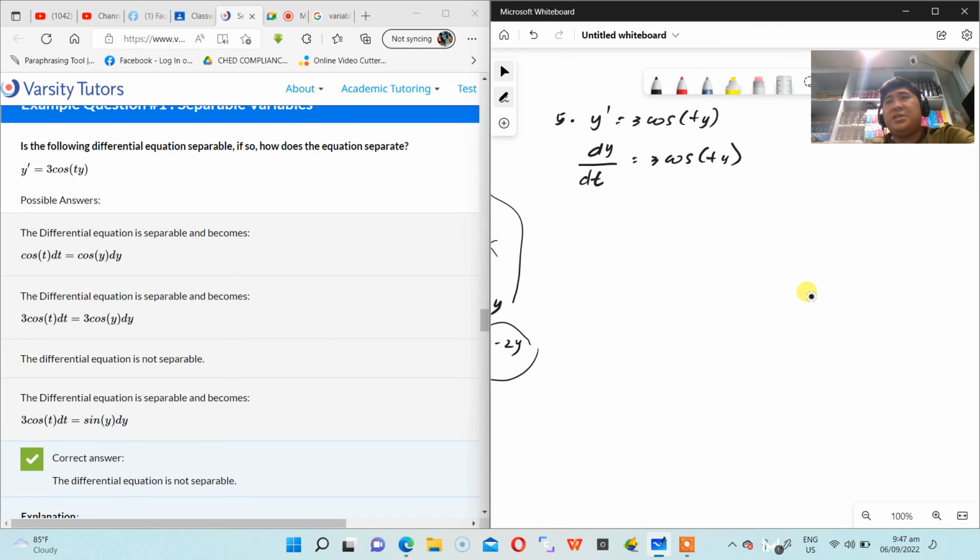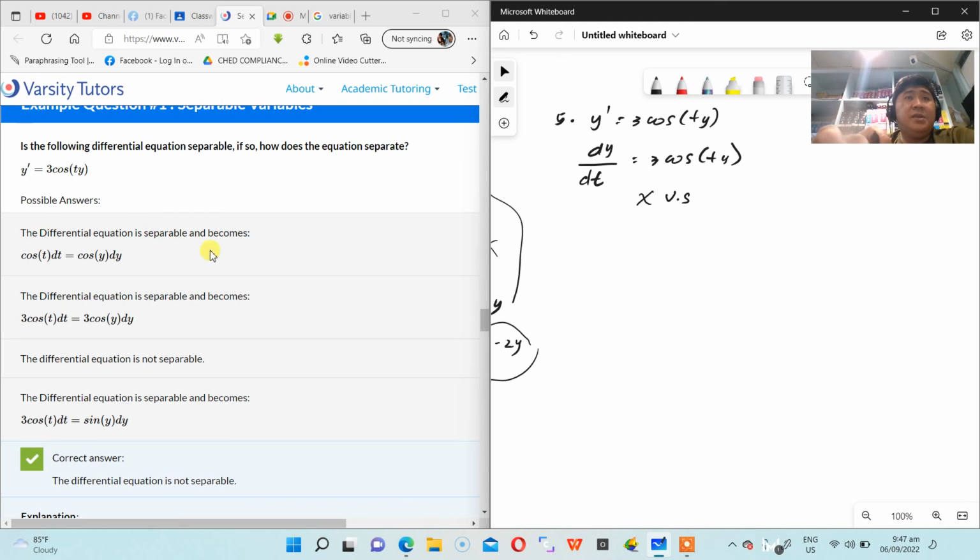This one is not separable since this is a double angle, so you cannot separate this one. You cannot make it cosine t times cosine y. You cannot separate it into two. So therefore this is not variable separable.